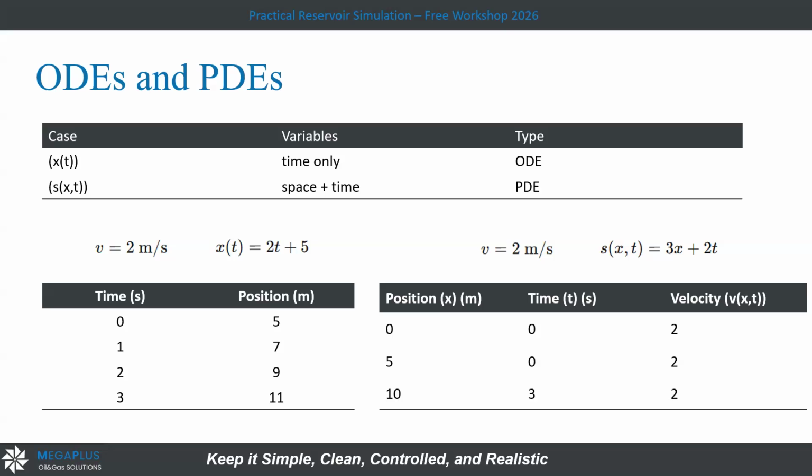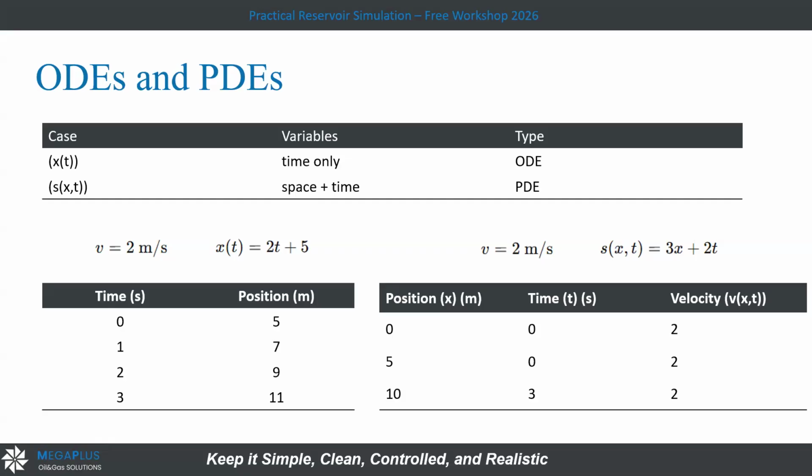Here come the PDEs. And in our reservoir simulation, you don't need to be an expert in mathematics, but you must have the physical meaning of these equations. So in reservoir simulation, what are we simulating? We are simulating flow rates in time steps and in distance.